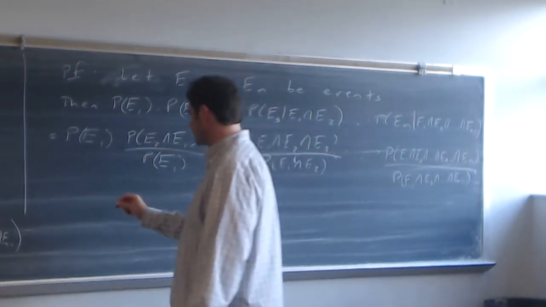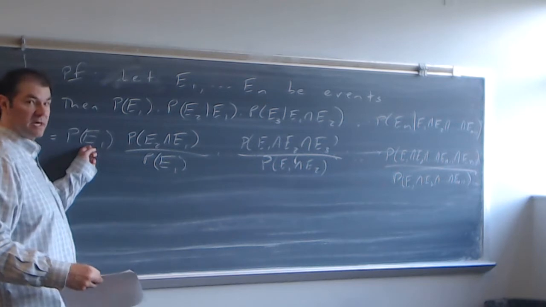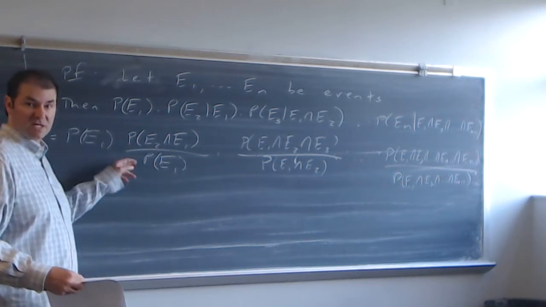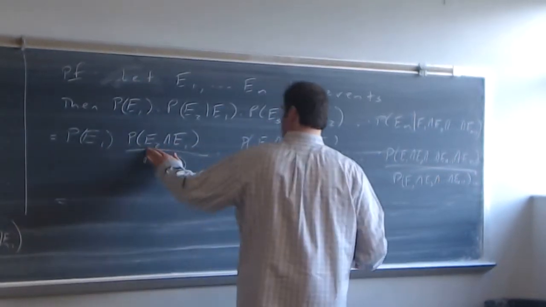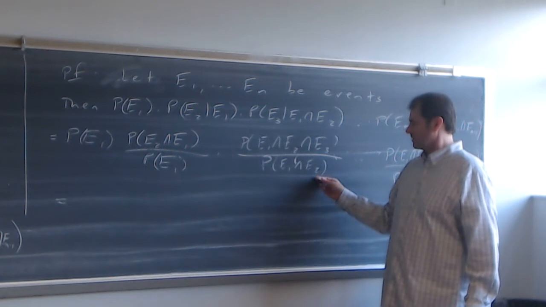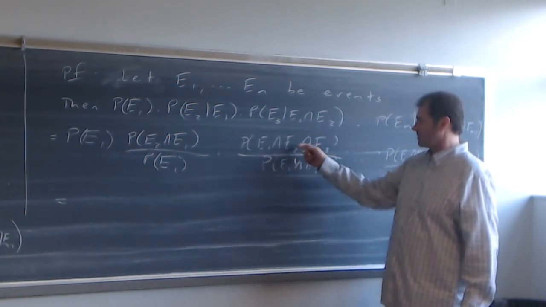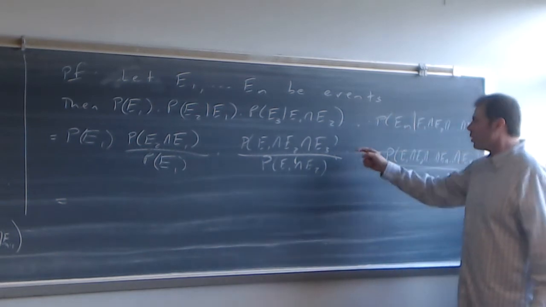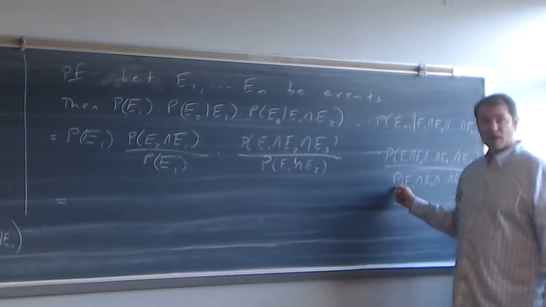Then if we look at this, what we see is the probability of E1 cancels out with the probability of E1 that's in the top. So the common factors top and bottom cancel out. The probability of E1 intersect E2, or E2 intersect E1, is the same thing, so they cancel out, just leaving the probability of the intersection of the first three events. There's always going to be cancellation between the previous fraction's top and the next fraction's bottom.